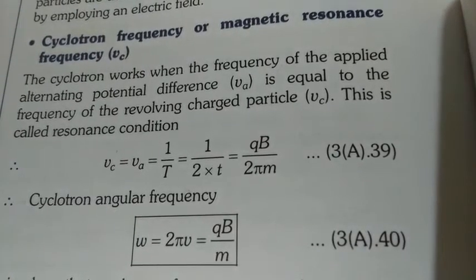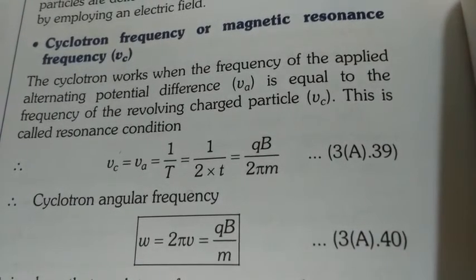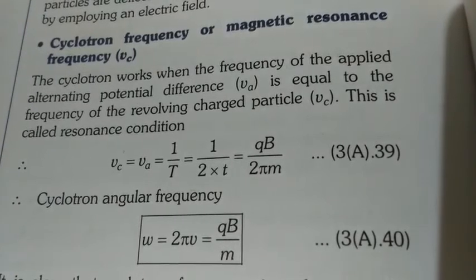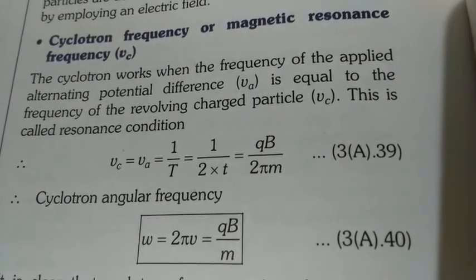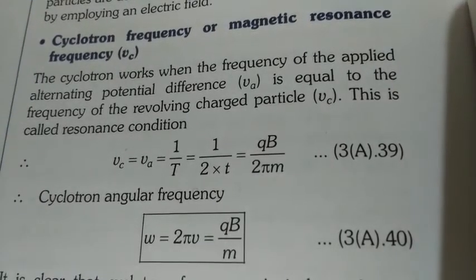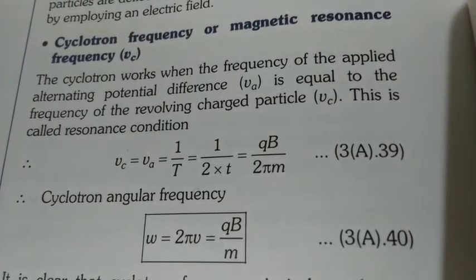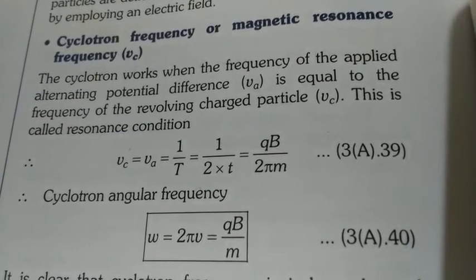Now the cyclotron works when the frequency of the applied alternating potential difference is equal to the frequency of the revolving charged particle. Whatever charged particle is moving there has some frequency, so the alternating potential difference must have the equal frequency; only then will the cyclotron work.